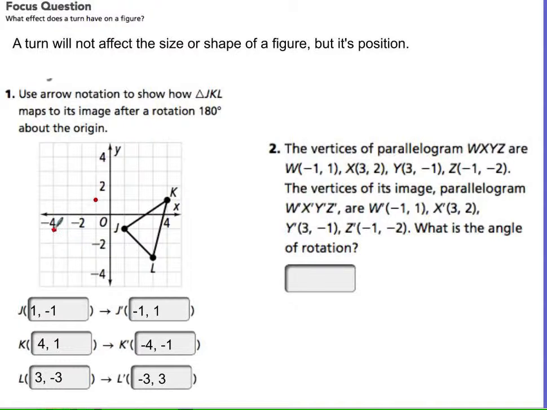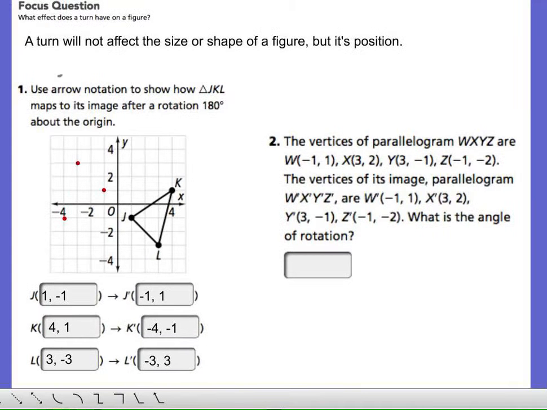And L prime will be at (-3, +3). Okay, let's connect. And that is looking pretty good.